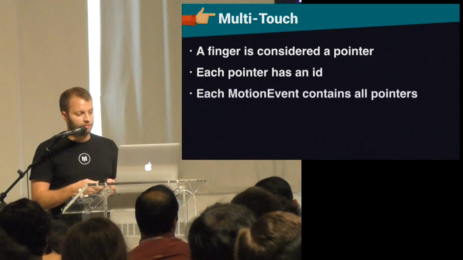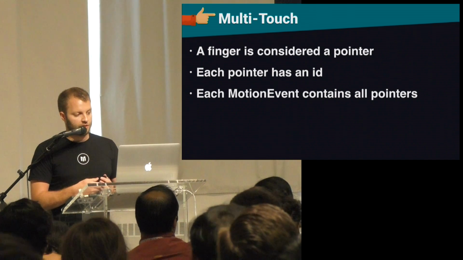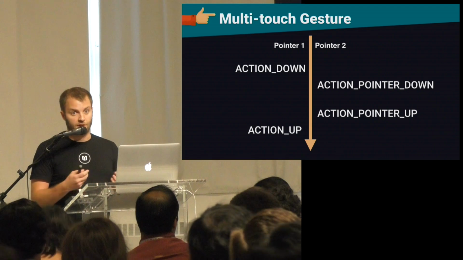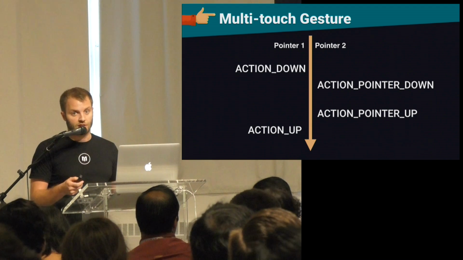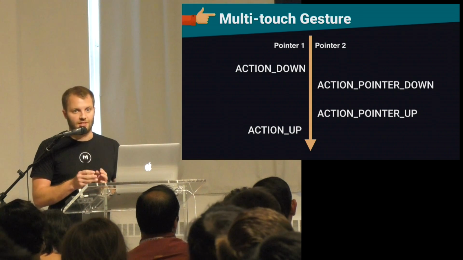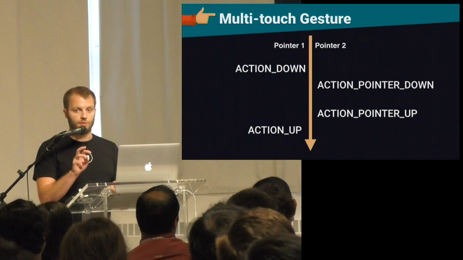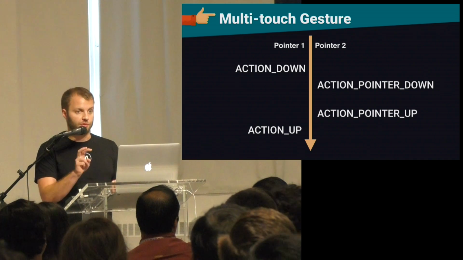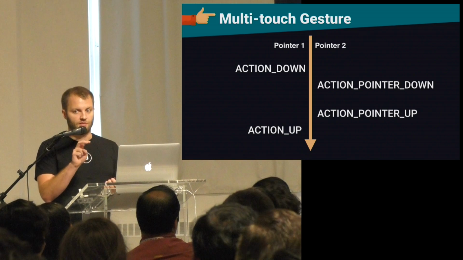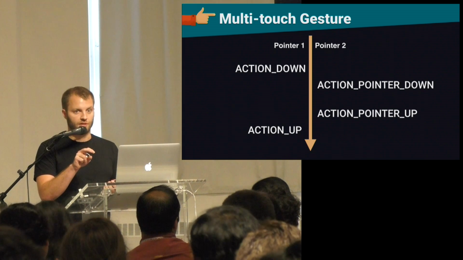The gesture also works the same. It's still the same guarantee as before. You still start with an ACTION_DOWN, you end with an ACTION_UP. But you are going to receive distinct events to tell you that you added or removed a finger, a pointer, from the screen. Every time you add a finger, you receive an ACTION_POINTER_DOWN with the ID of this new finger on the screen.